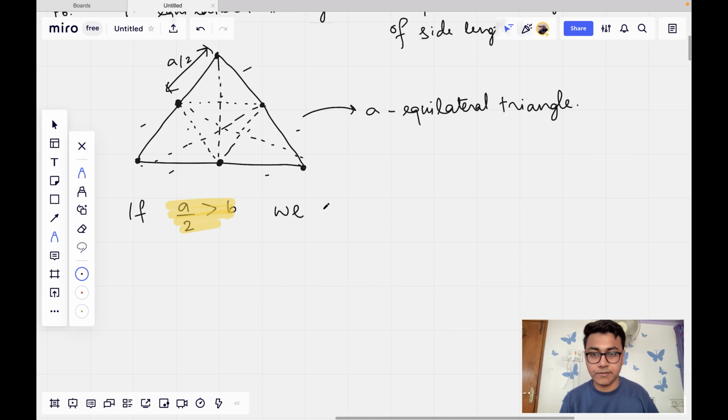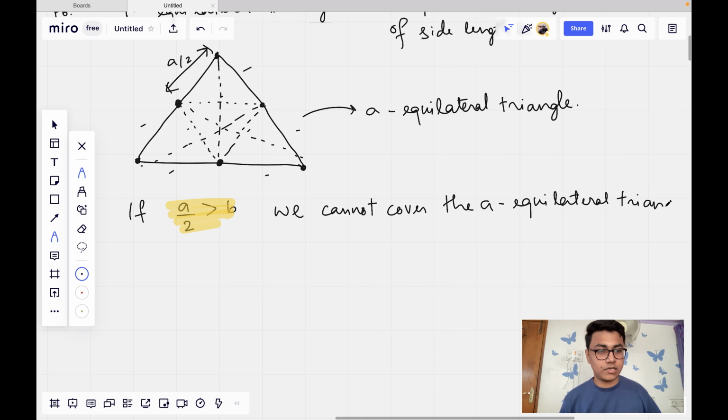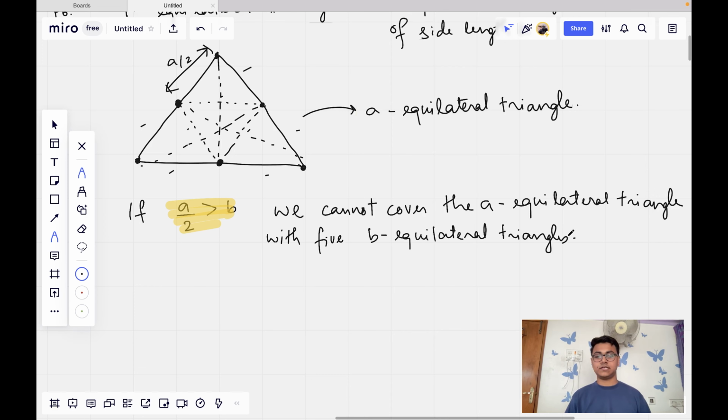So if A by 2 is greater than B, we cannot cover the A equilateral triangle with 5 B equilateral triangles. We will need at least 6.